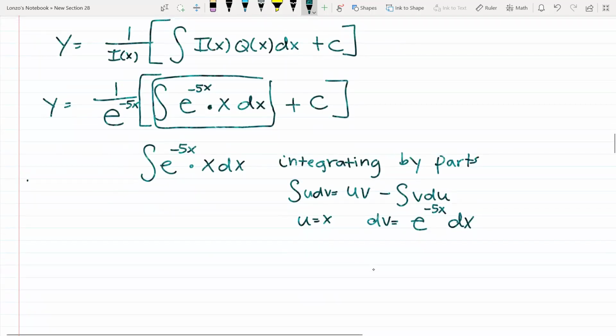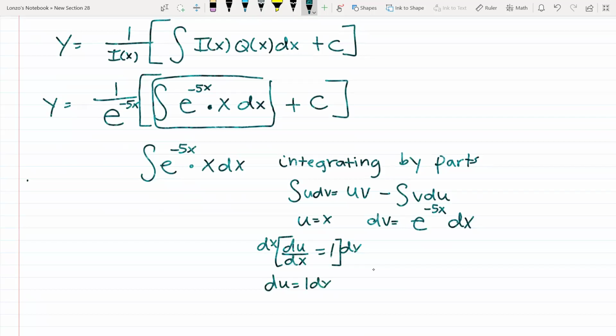So on here, our u is x, so our du dx is 1. And then we have to just get du by itself. So I'm going to get rid of this dx by multiplying both sides by dx. Okay, so I get du equals 1 dx. And then I got to solve for v.